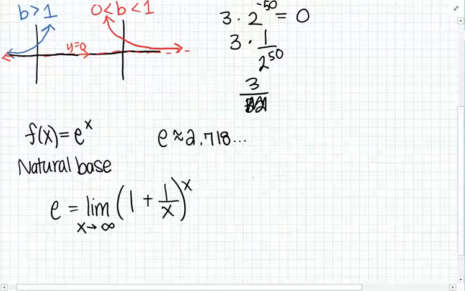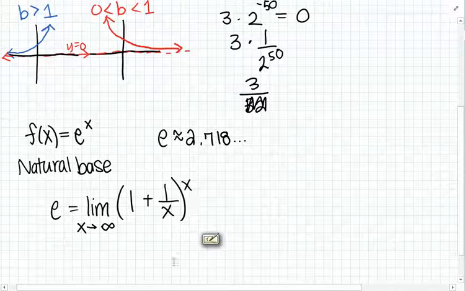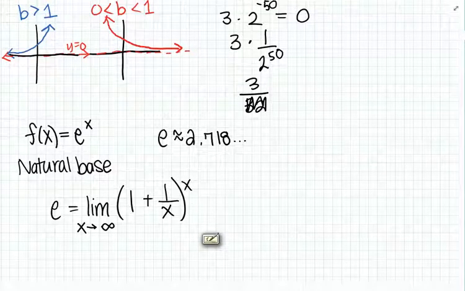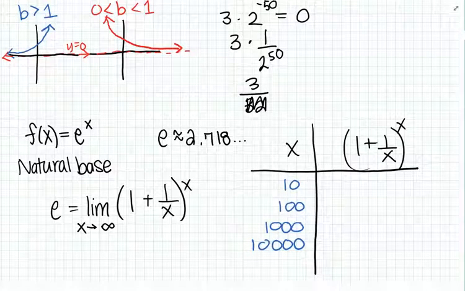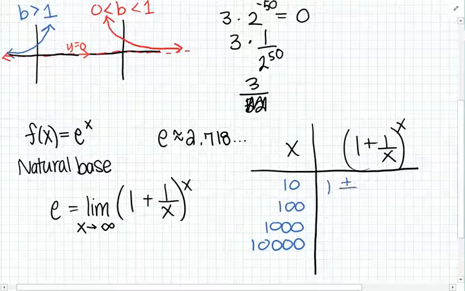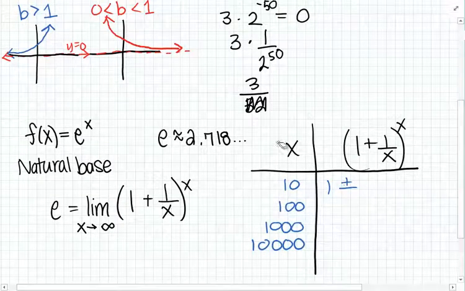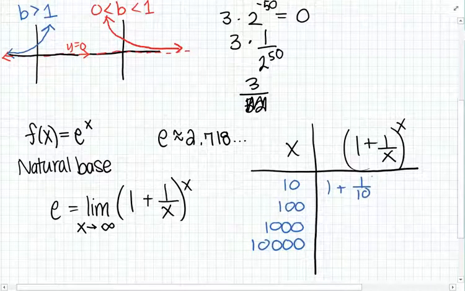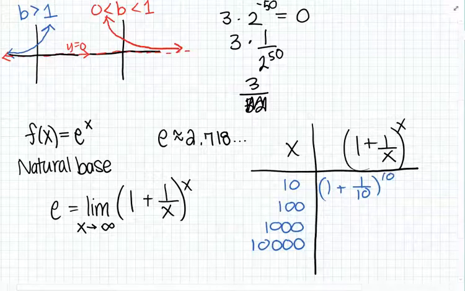Okay, so I'm going to get a calculator and I'm going to show you what I'm talking about. I'm just going to calculate this expression. I'm going to start at 10 and then go up by multiples of 10: 10, 100, 1,000, 10,000. So we're talking about 1 plus 1 over 10, all being taken to the 10th power.